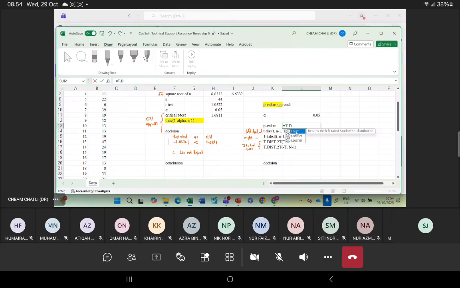So this is one tail, and I just check this one tail. Double click yang ini, and next you see x timbul kan, x stands out. So you're going to masukkan value of x. So this x is your t. I think this is your t, yeah? Your t value.